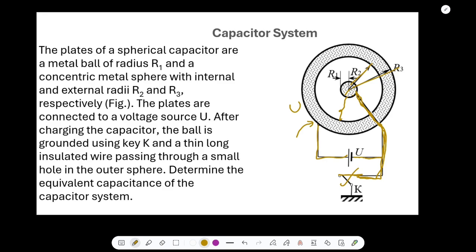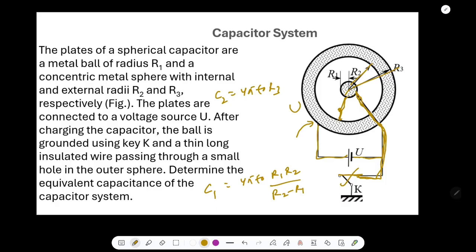The capacitance of this system, this ball and this inner sphere, is C1, and it can be written simply as 4 pi epsilon naught r1 r2 divided by r2 minus r1. And the capacitance of this solitary sphere is C2, and that is 4 pi epsilon naught r3.